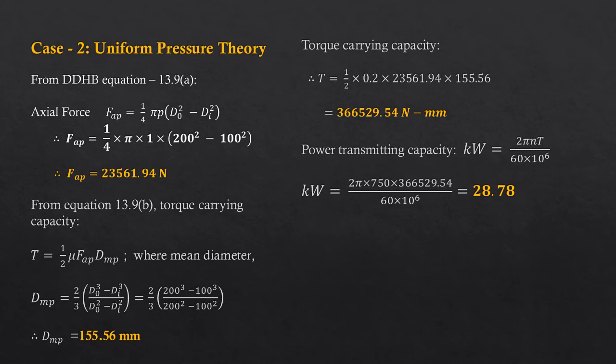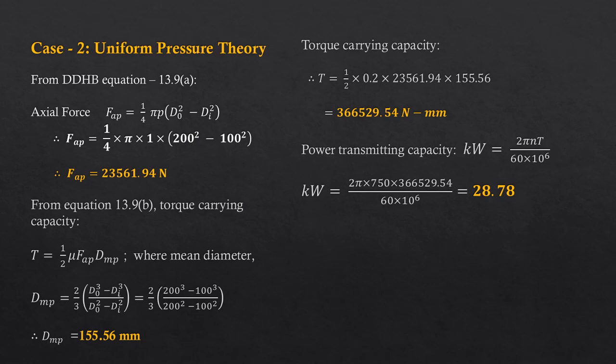All right. Now, if you look at the power values from both uniform wear and uniform pressure theories, you see that uniform pressure theory predicts a power transmitting capacity which is significantly more than that of uniform wear theory, right? But we know that uniform pressure theory is largely applicable for new clutches, whereas uniform wear theory is applicable for clutches that are in service, that have undergone a certain degree of wear.